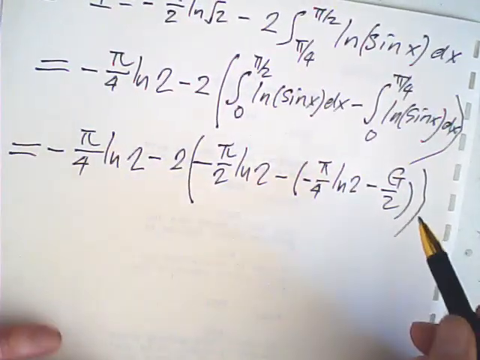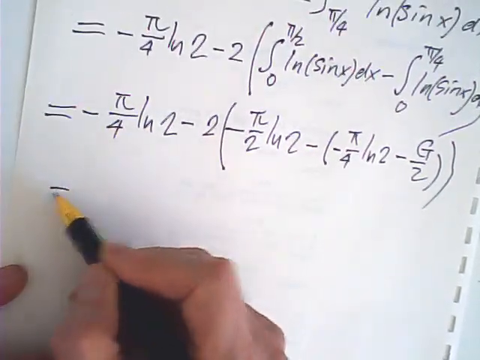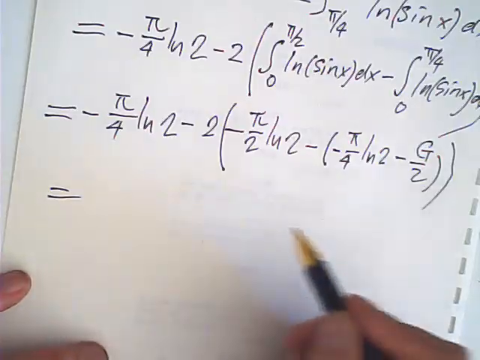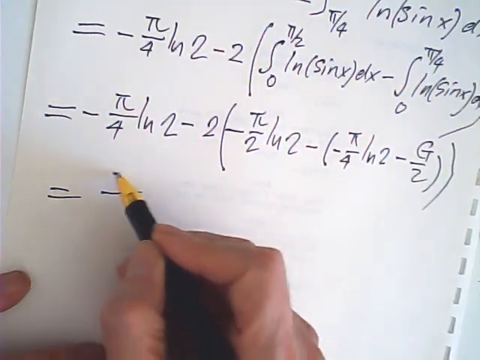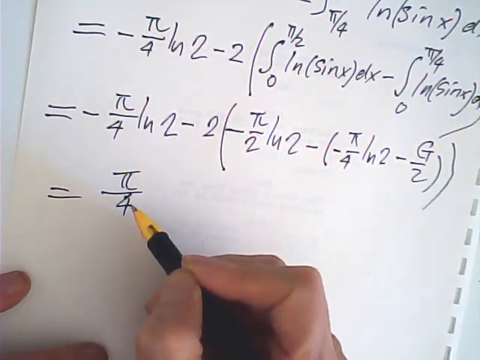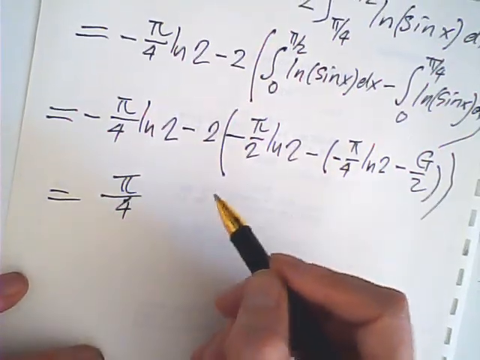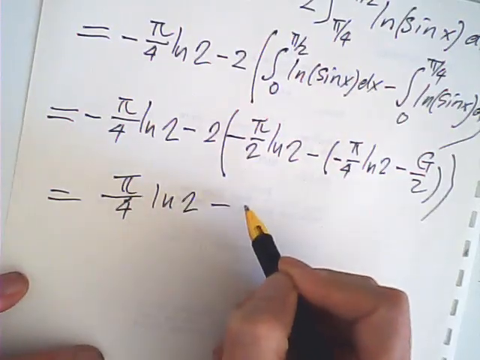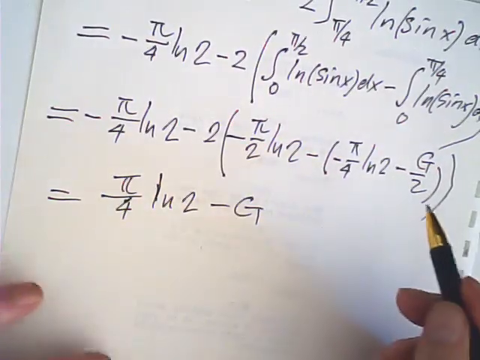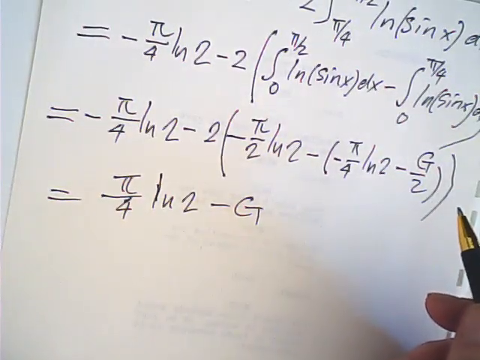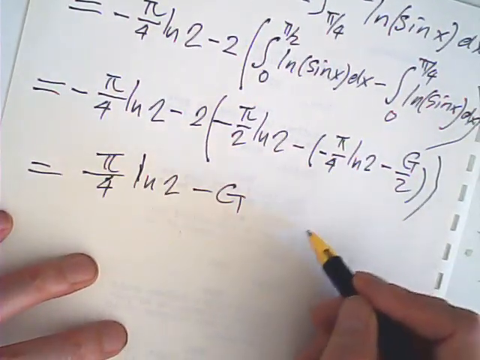G, well, let me write this simplification first. So this one is equal to quarter pi log 2 minus G. After simplification, yeah, G is this.